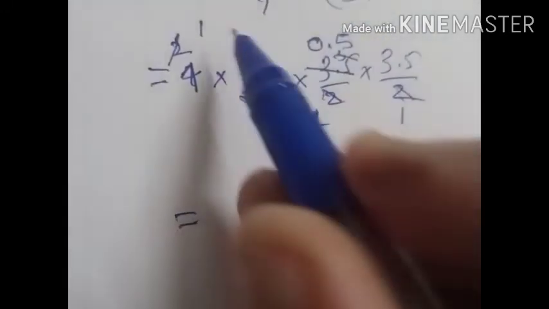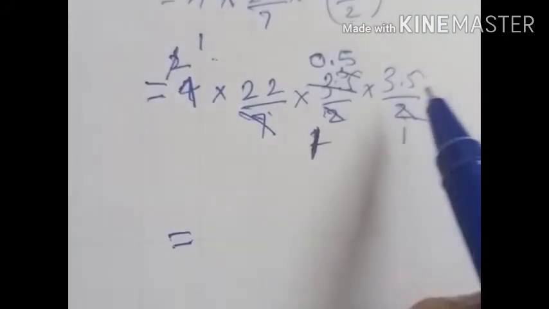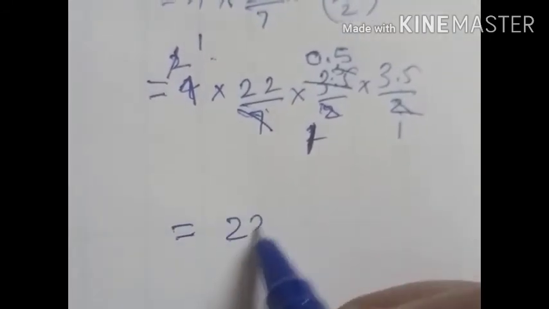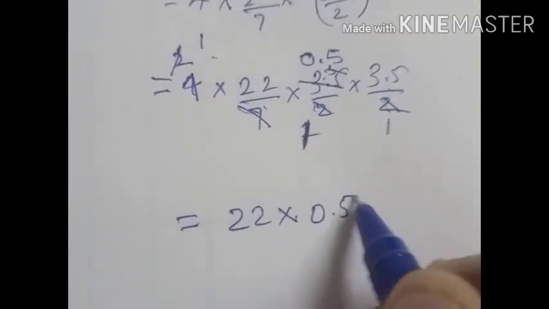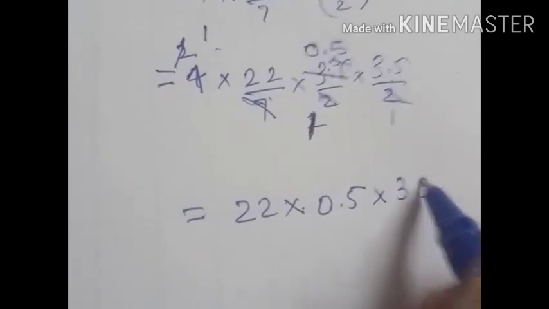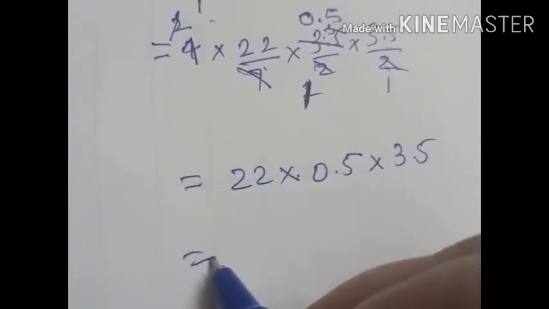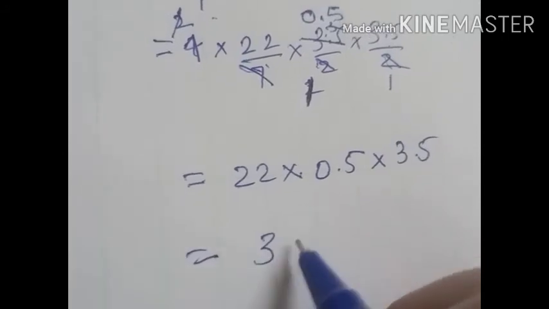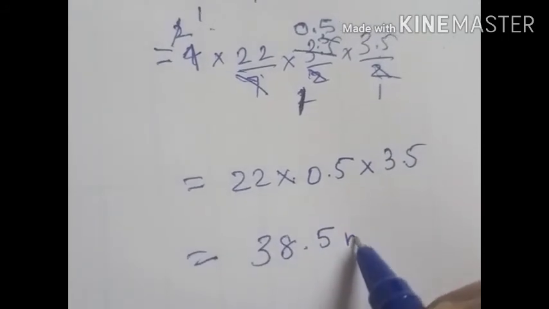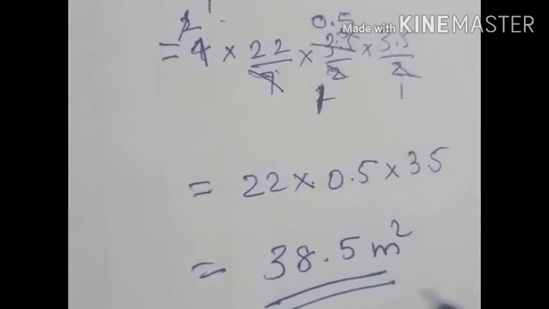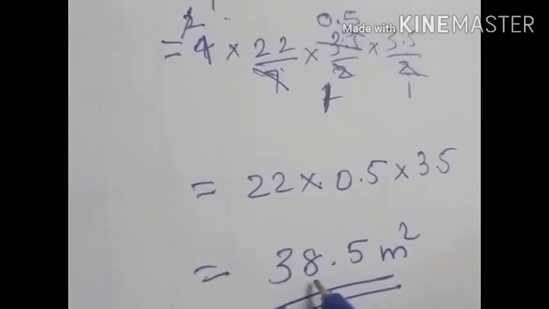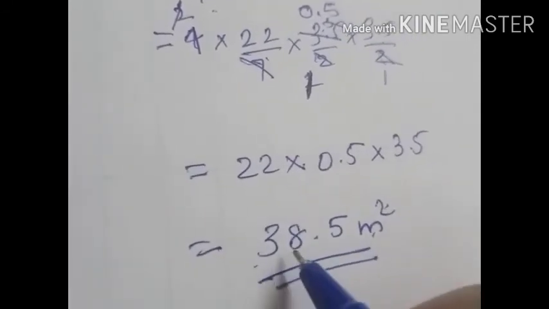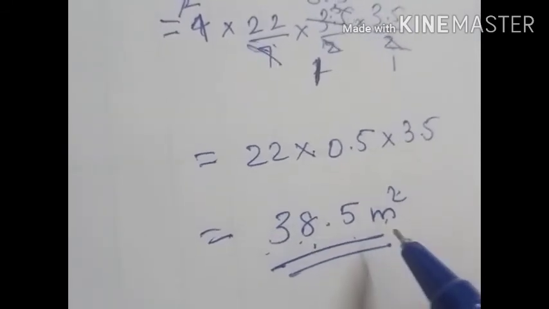So we will get 1 into 22 into 0.5 into 3.5, that is equal to 38.5 meter square. Here the unit is meter, so we get the answer in meter square.